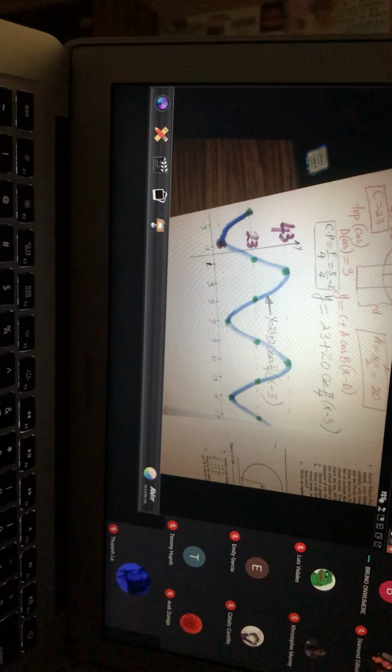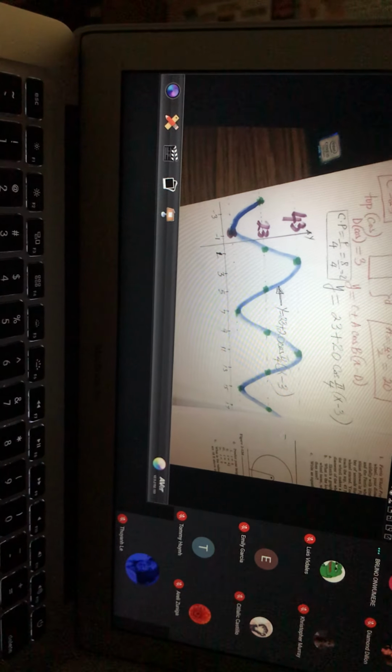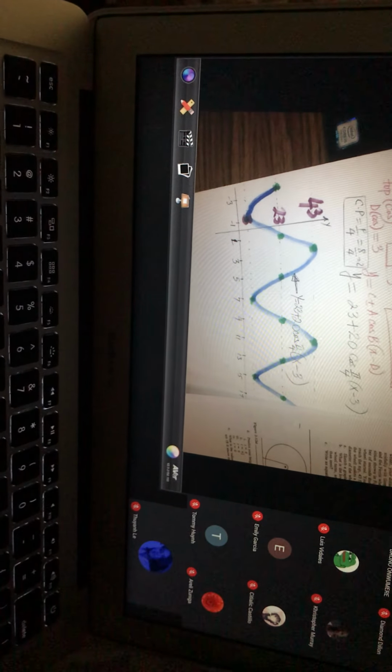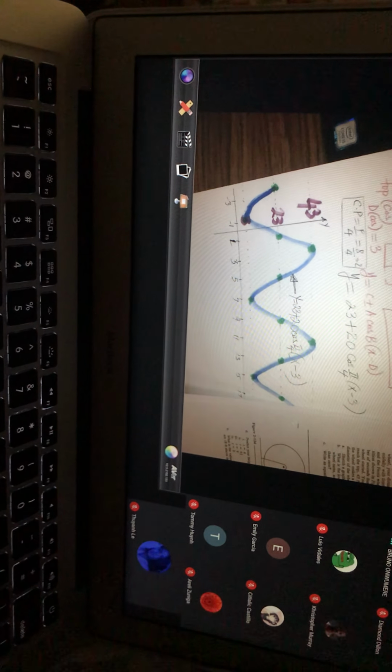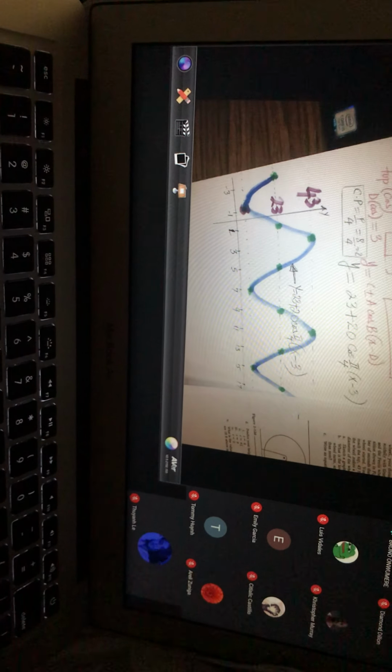Now, take a look at it. Let's look at the next question. Predict your height above the ground when t is equal to 6.